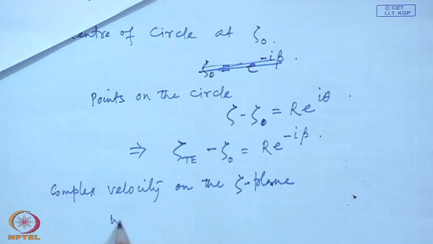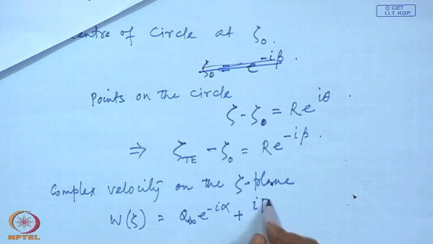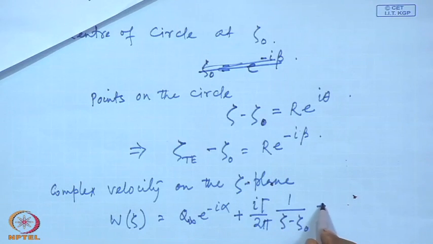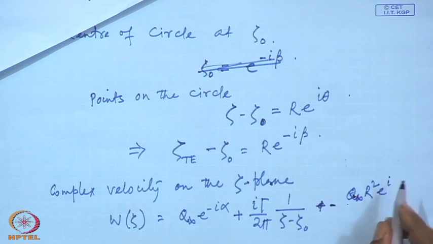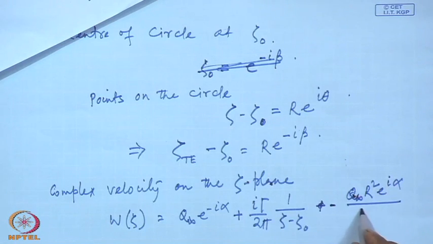Remember that expression: w(zeta) equal to q infinity e to the power minus i alpha, the general case, plus i gamma by 2 pi times 1 by zeta minus zeta naught, plus or minus, what we had, minus q infinity r square e to the power i alpha divided by zeta minus zeta naught square.